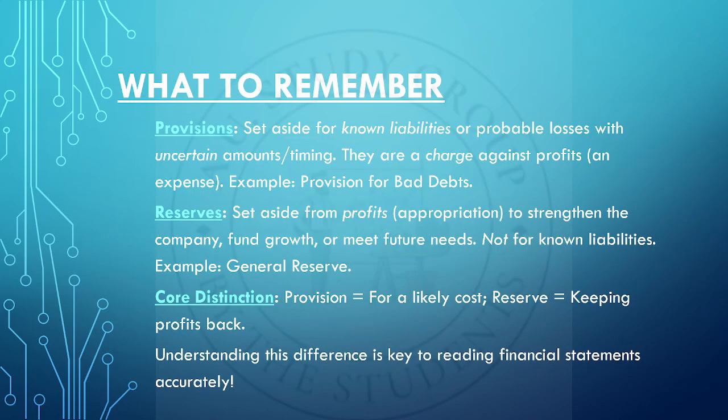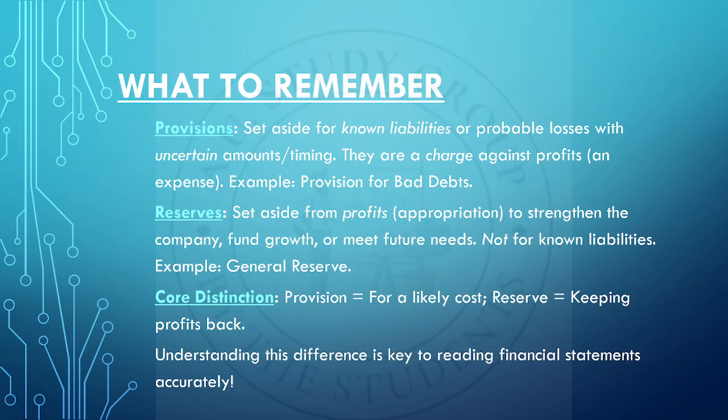Now, these are the key takeaways from our class today. Provisions are for known liabilities with uncertain specifics. You don't know how much you have to provide, so the provision is made. These are charges against profit. Reserves are appropriations of profit kept back to make the company stronger or for future plans.